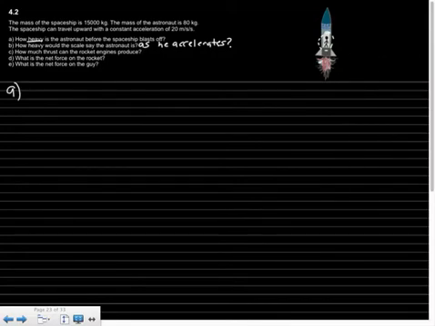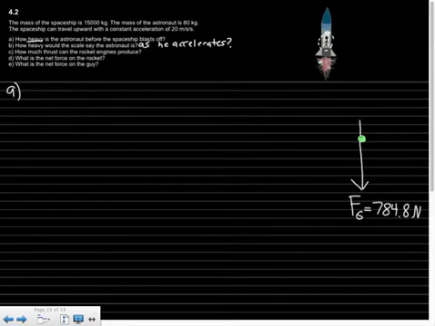All right, so in this part here, now the guy has blasted off. So now he has a force pulling down, which we already figured out, the force of gravity is 784.8 newtons. But now he's accelerating upward.